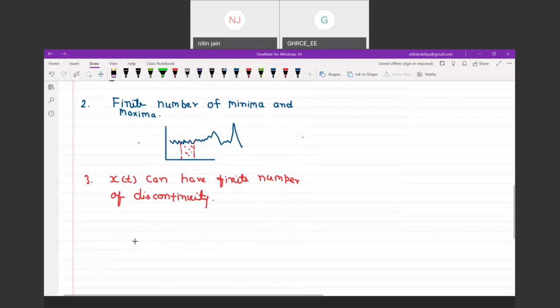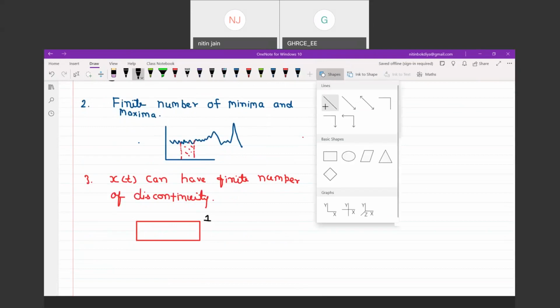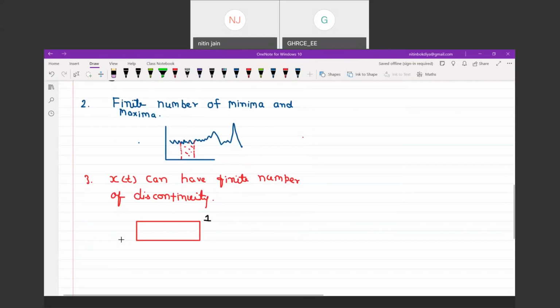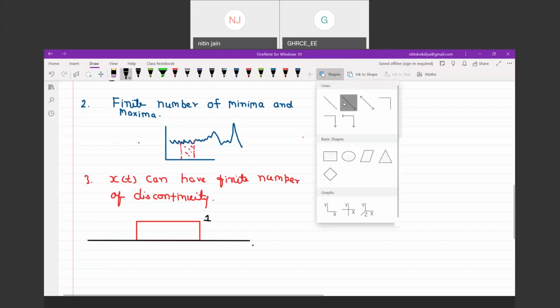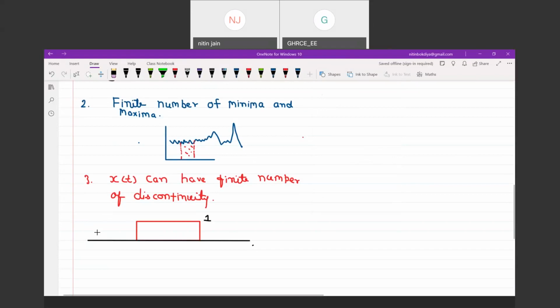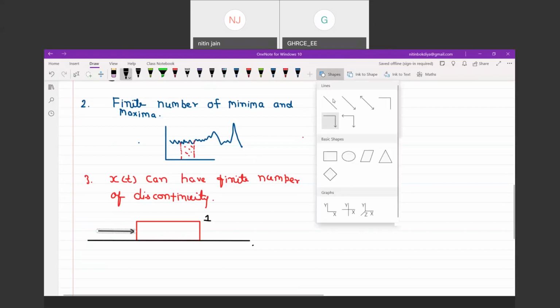Suppose I have this function, and this value is, let's say, 1, and what I can say is, if I check its left hand limit, it is not equal to the right hand limit.